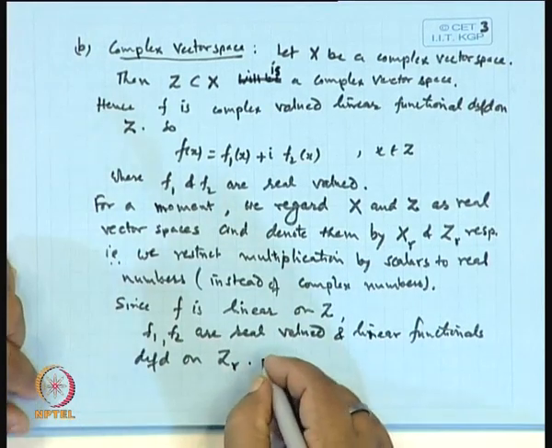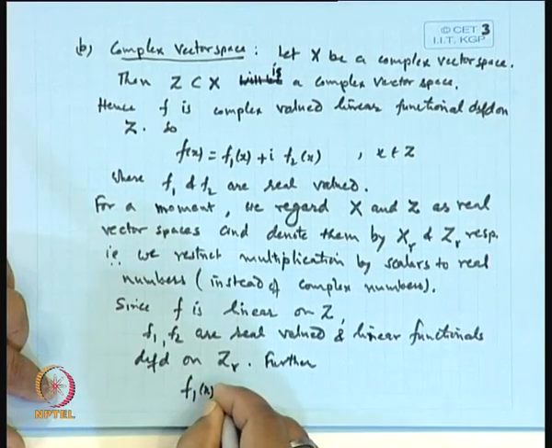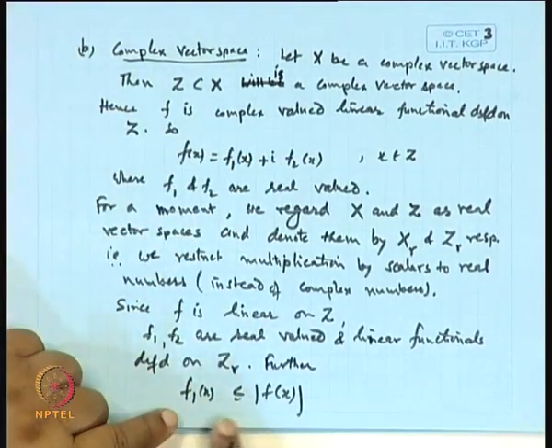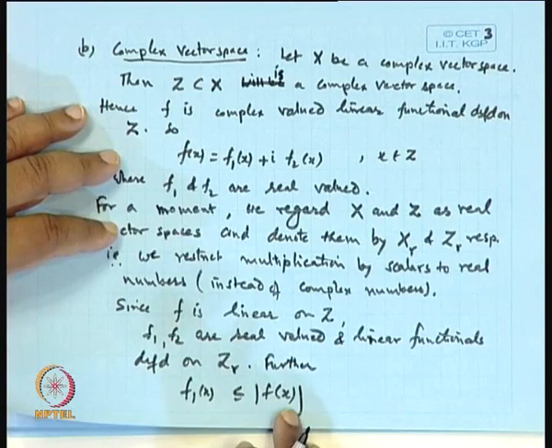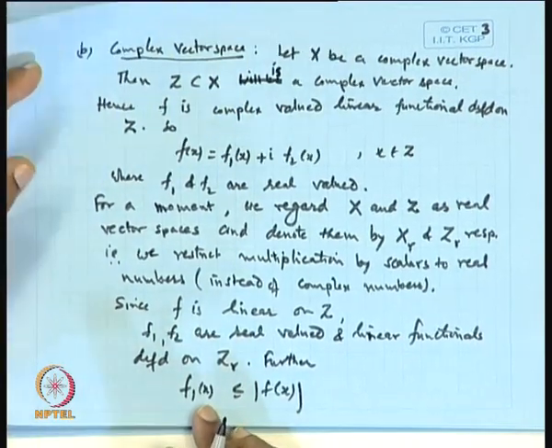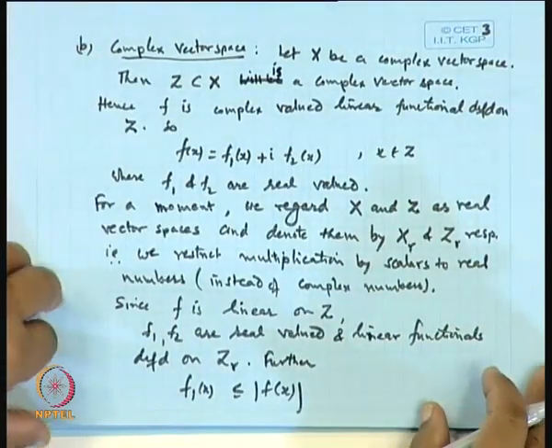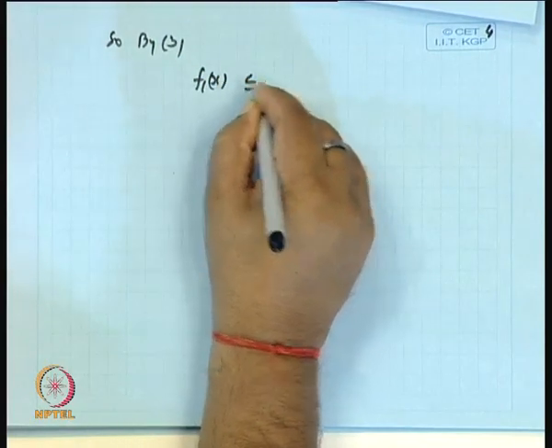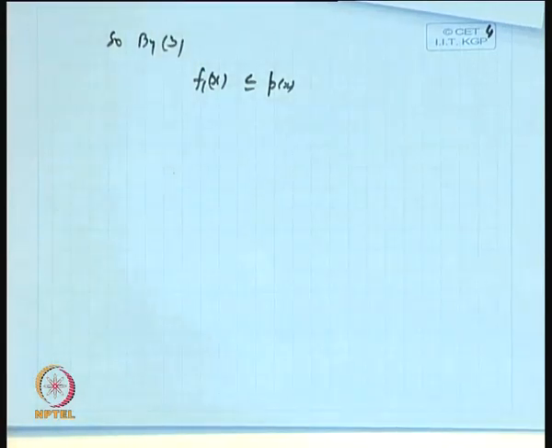And further, f 1 x is less than or equal to mod f x, because f x has a real part f 1 and the remaining part. The real part will always be less than or equal to its absolute value, mod of f x. So, by 3, replacing mod f x by f 1 x, we get that f 1 x is less than or equal to p x for all x belonging to z.